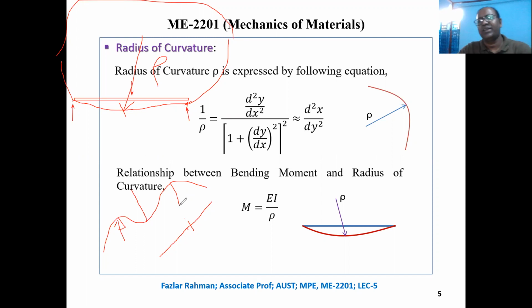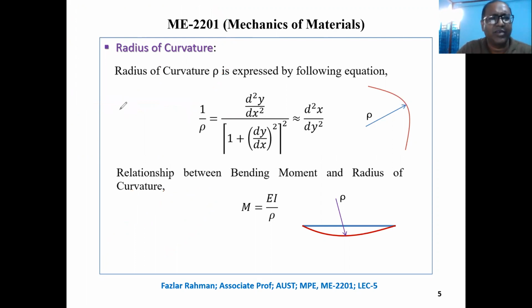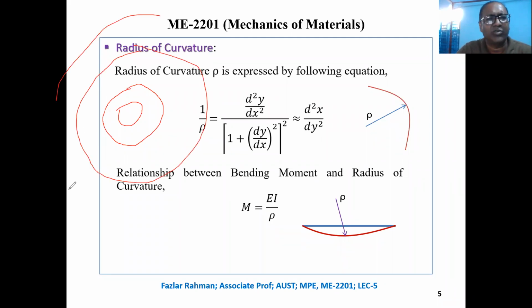So if the radius increases, what does it mean? What is the radius of a straight line? Say you have a small circle with radius R1. To increase the radius, the circle will be bigger. We increase more, the circle will be bigger still. If you make the radius infinite, then what will this line be?